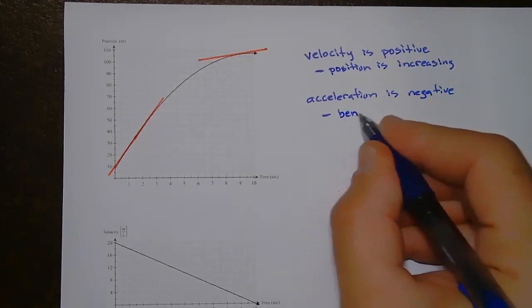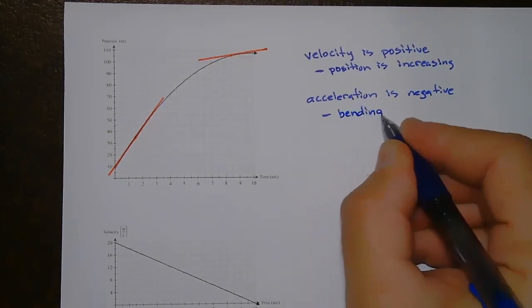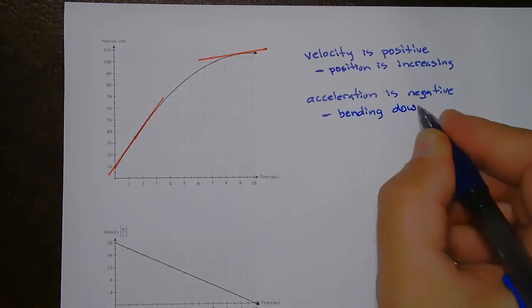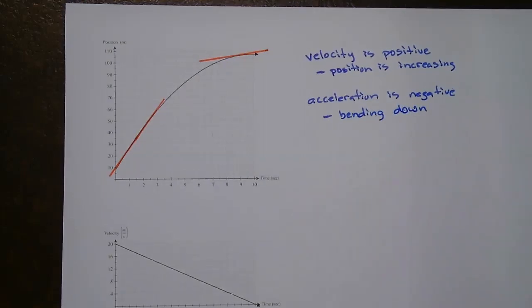Bending downward, or some people say cupping down. The mathematical term is, again, concavity. It's concave down. That's what we would say. Bending down is good for physics. All right, so the velocity is still positive.